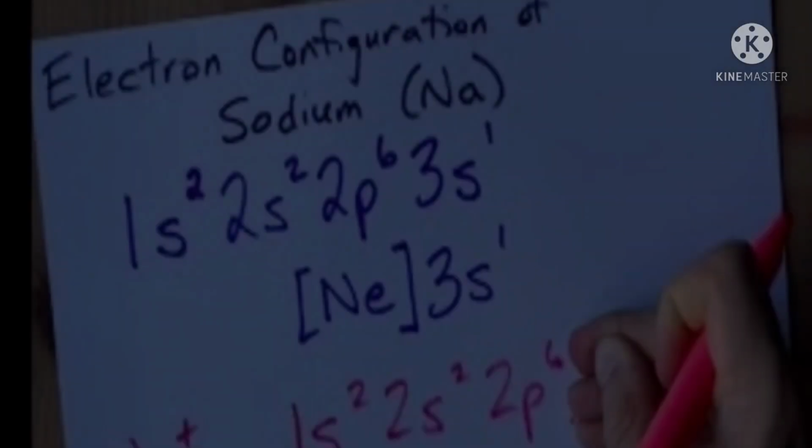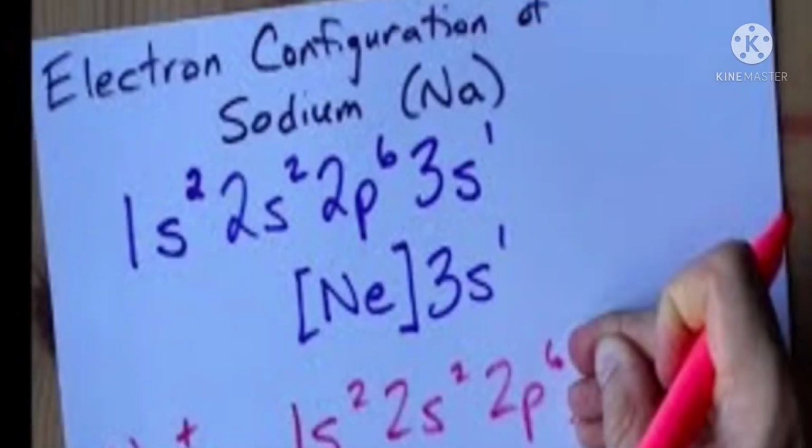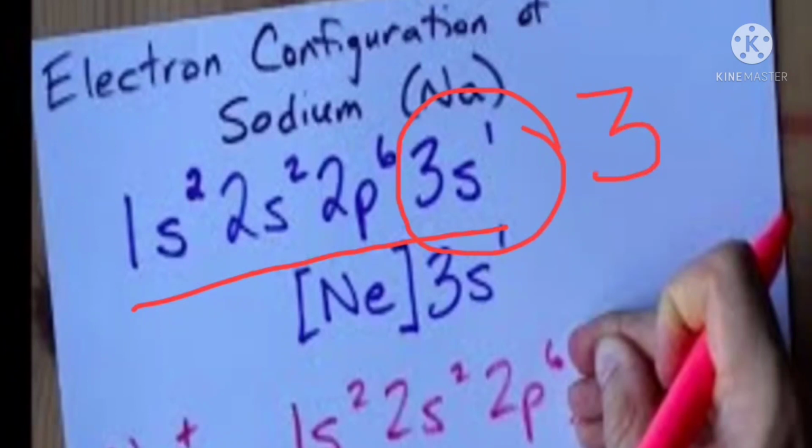If we write the electronic configuration of sodium, see where the last electron enters. The last electron enters 3s orbital.